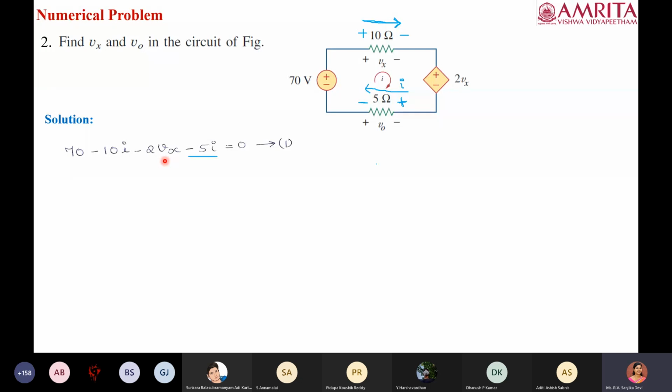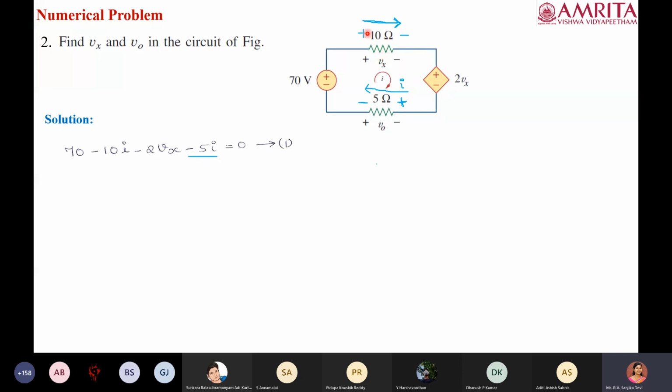Now, if you see this particular circuit, we have Vx. So what is Vx? Vx is the voltage drop across this 10 ohm, right? It is exactly in the same polarity as what we are assuming when the current is flowing through that particular element.